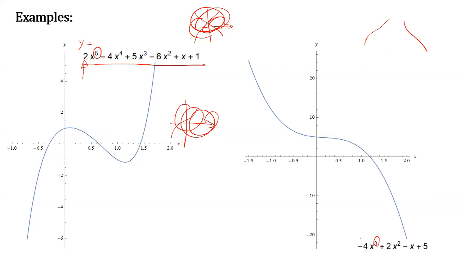And considering that the leading coefficient is negative, this function should look like this, extending from the second to the fourth quadrant. Understand? So the whole trend of the function depends on the parity of the degree and the leading coefficient.